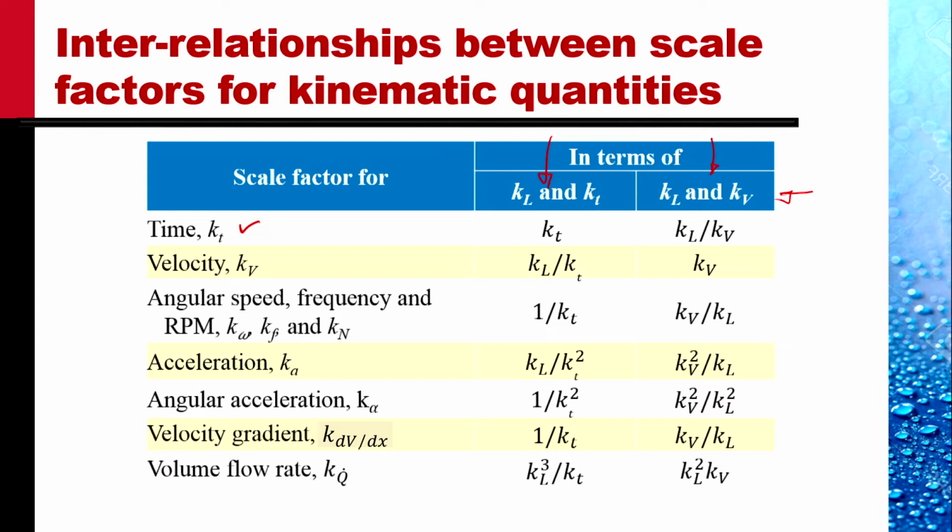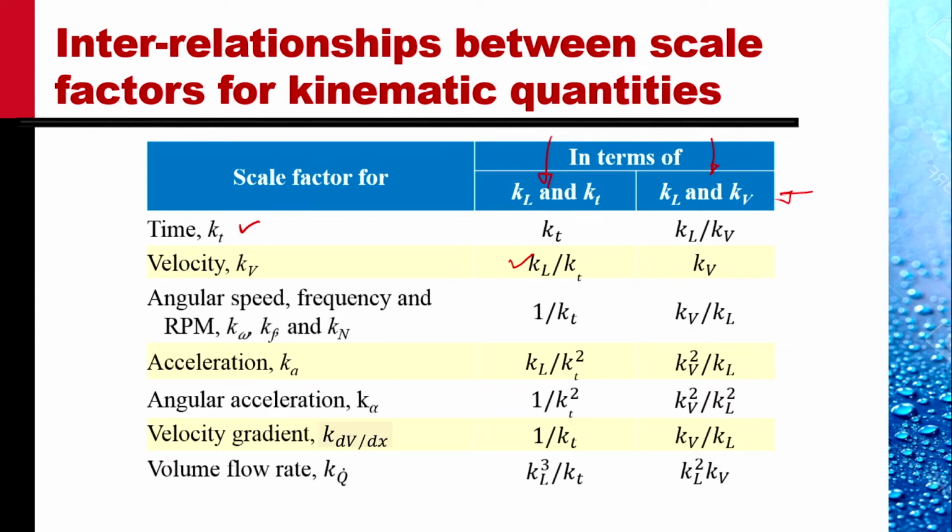For velocity, we have just determined that Kv is equal to Kl divided by Kt in terms of Kl and Kt. Of course, in terms of Kl and Kv, it will simply be Kv.